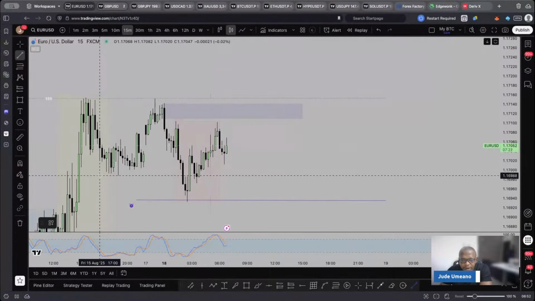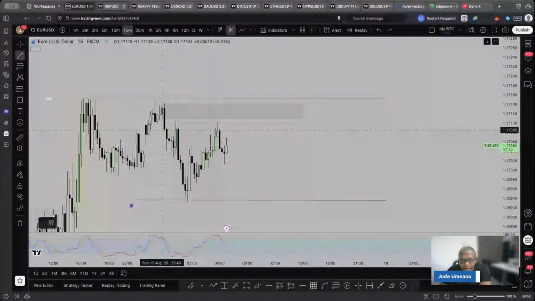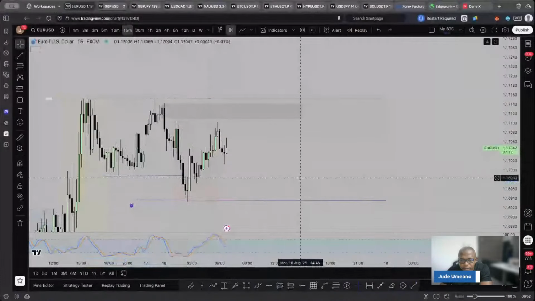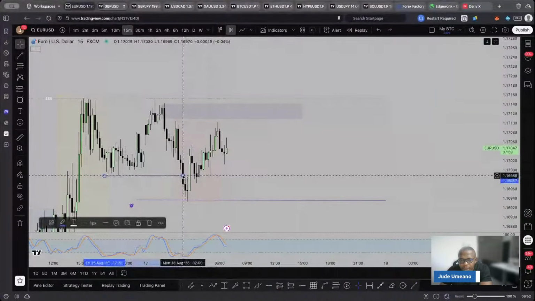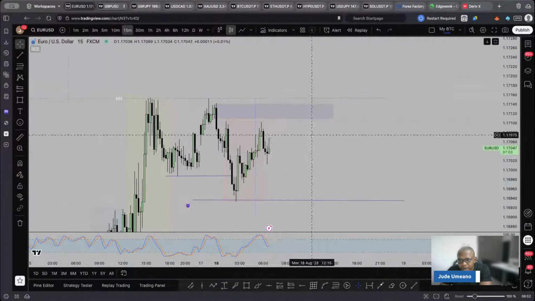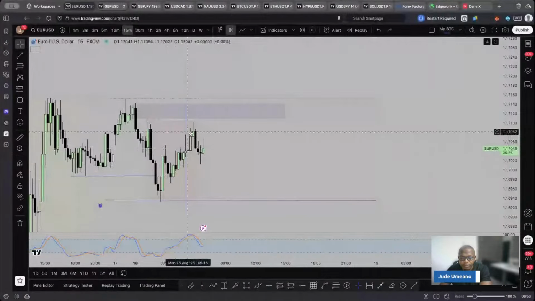I wouldn't necessarily consider this a break of structure because this didn't make a new high here. But I'm just going to mark it to this particular point. So internally, on the swing trade part, I want to wait on the 1 hour. I want to wait for a break here or a breakdown to take a trade. But here, this is what I want to do.